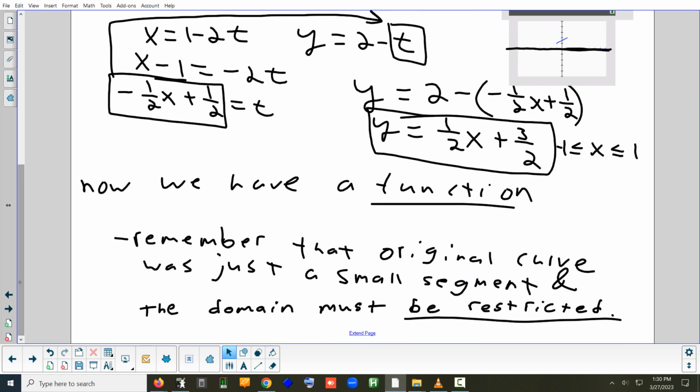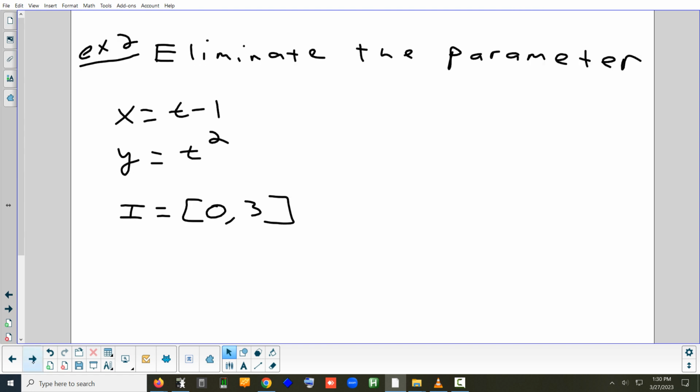All right, let's try another one of those where we eliminate the parameter. Okay, so I want to eliminate the parameter here. Let's find the formula first, and then we'll worry about any restrictions at the end.